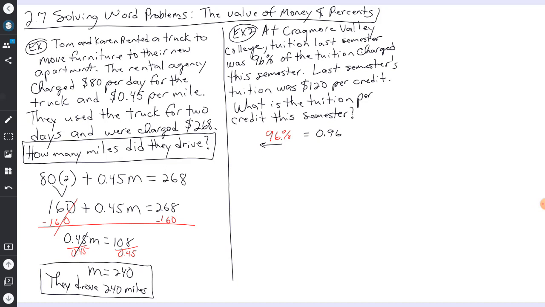Last semester's tuition was $120 per credit. What is the tuition per credit this semester?